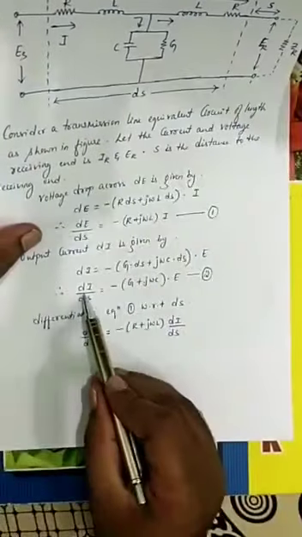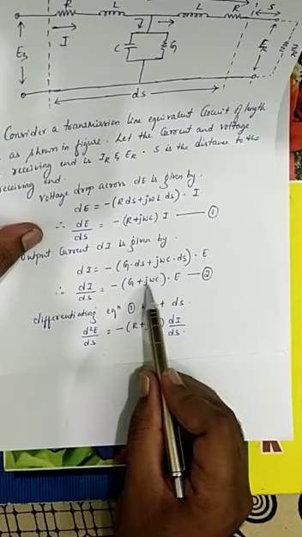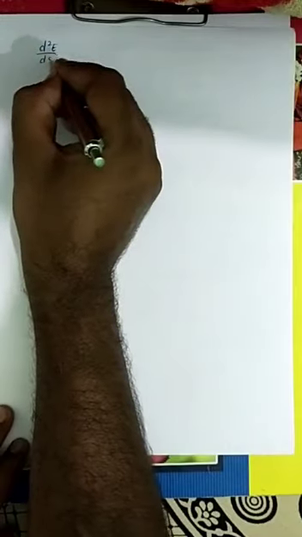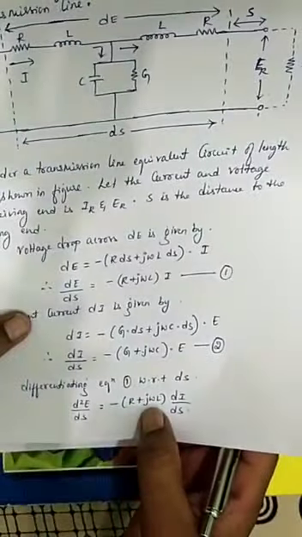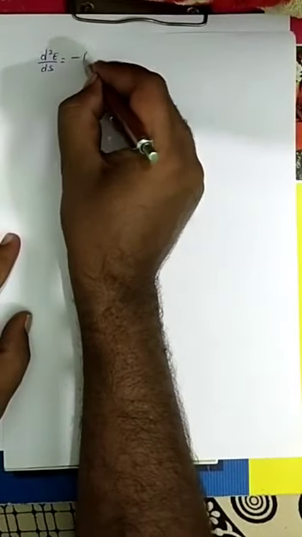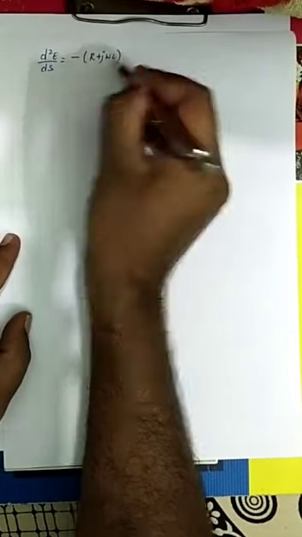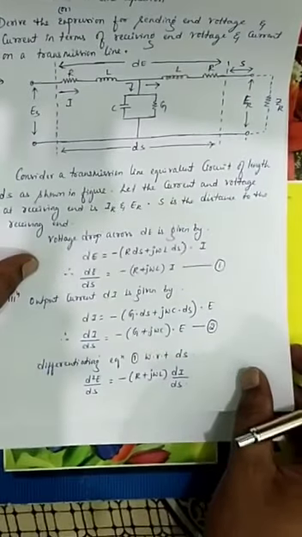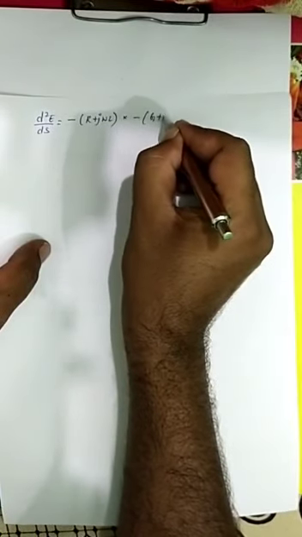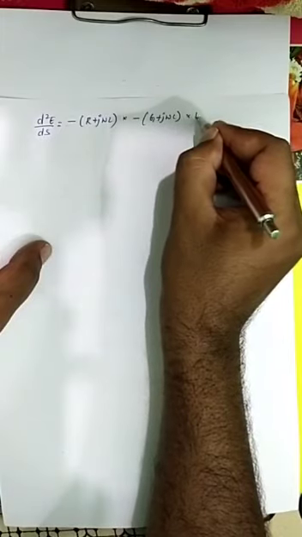From equation number 2, dI by ds is equal to minus (G plus j omega C) into E, so I will substitute it here.